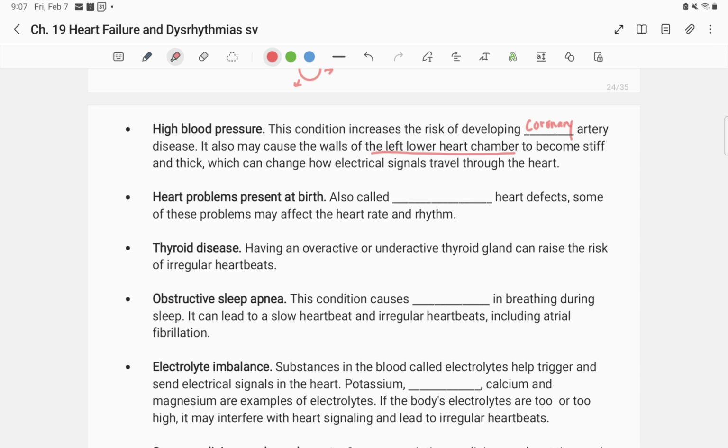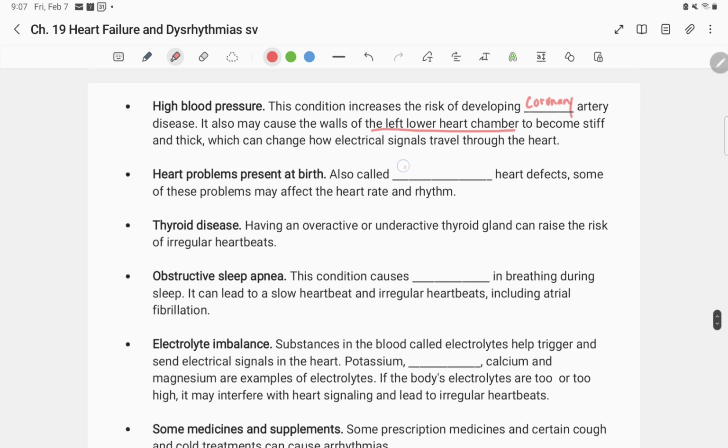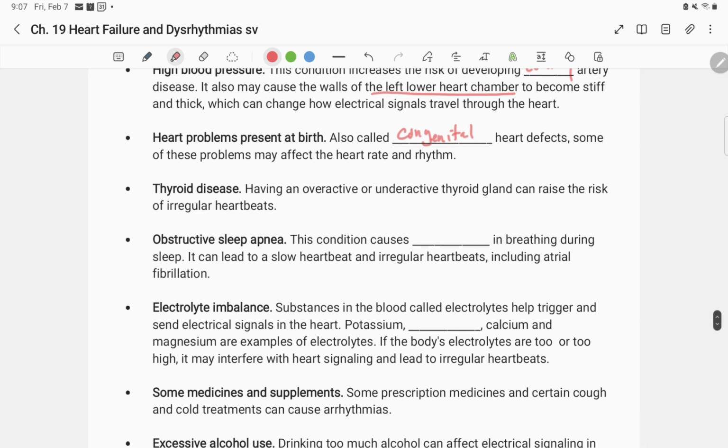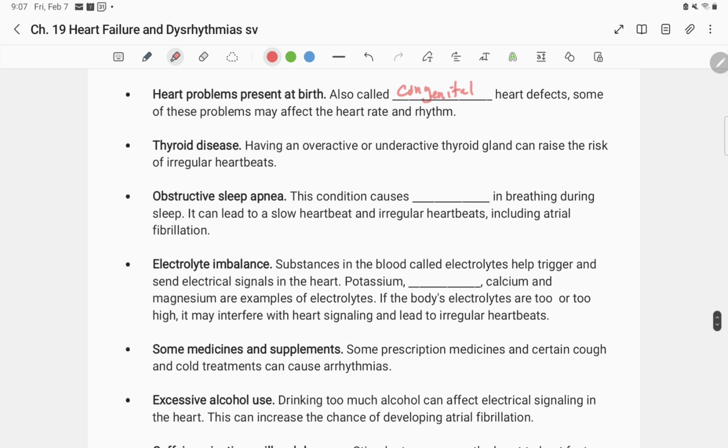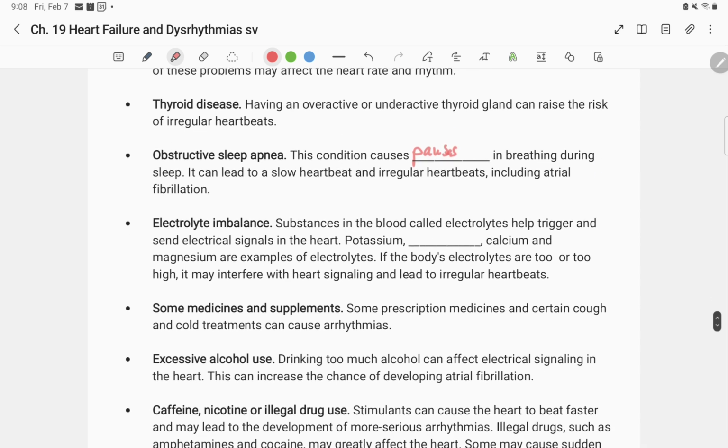Heart problems can be from birth, called congenital heart defects. Thyroid disease, obstructive sleep apnea. That condition causes pauses in breathing during sleep. It can lead to slow heartbeat and irregular heartbeats, including fibrillations.